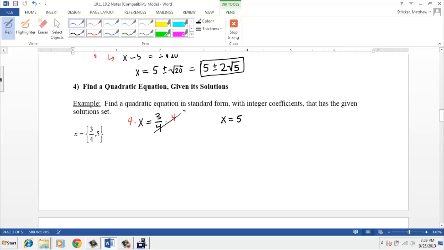which makes the 4's cancel on the right-hand side. So we have 4x equals 3, and then we're trying to get this side equal to 0, which gives us 4x minus 3 equals 0 if we subtract 3 from both sides.